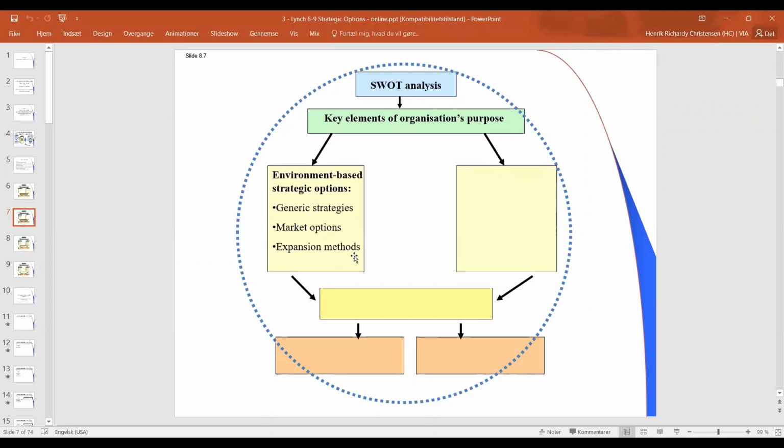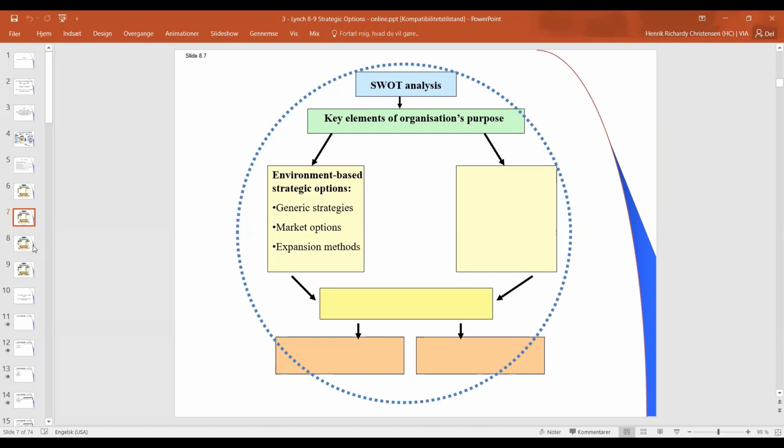They are more ideas about how we can go about expanding to a new market, for example. But we'll see that when we get to it. But for now, just hang on to generic strategies and market options. Those are the strategies that we develop directly based upon our environment.